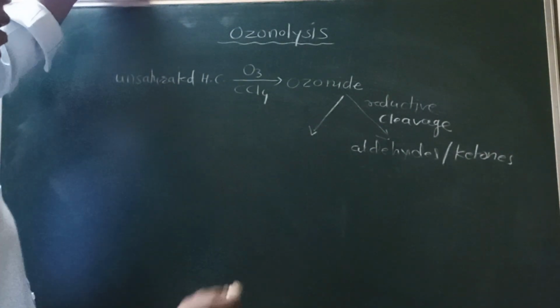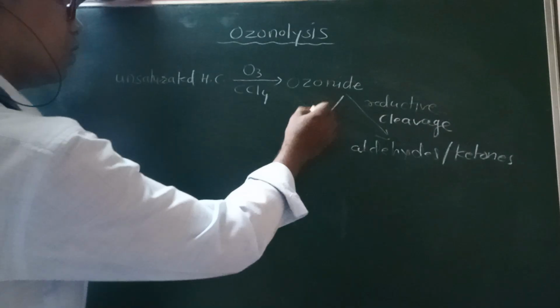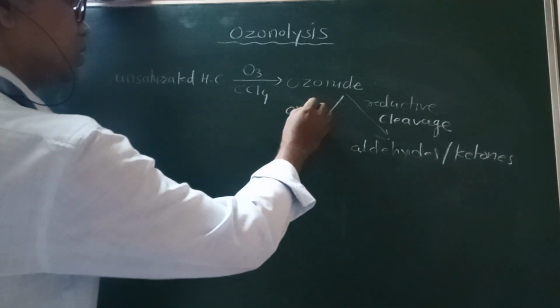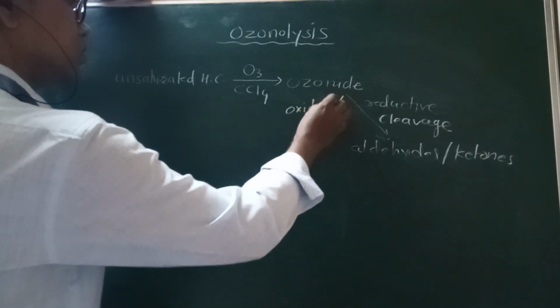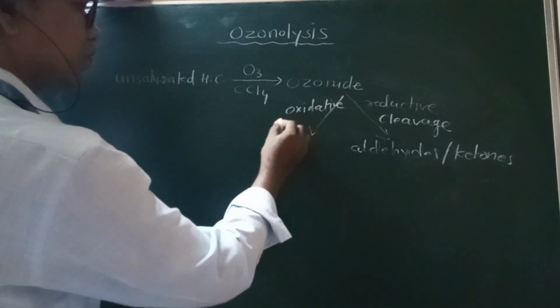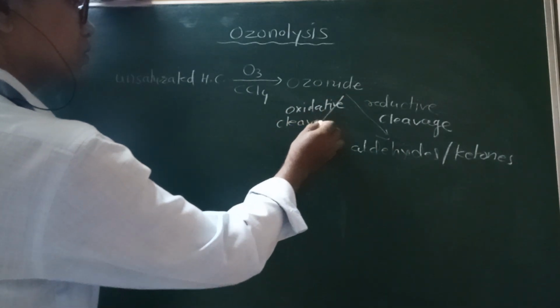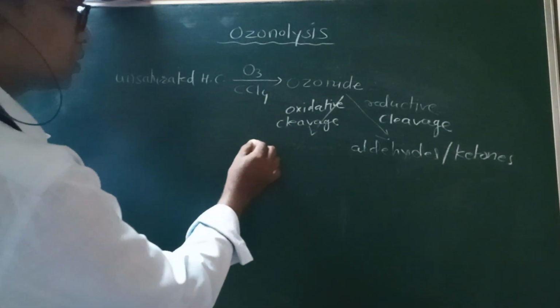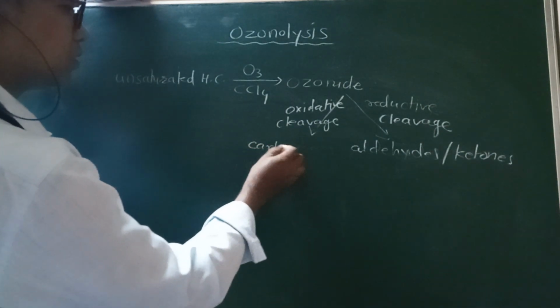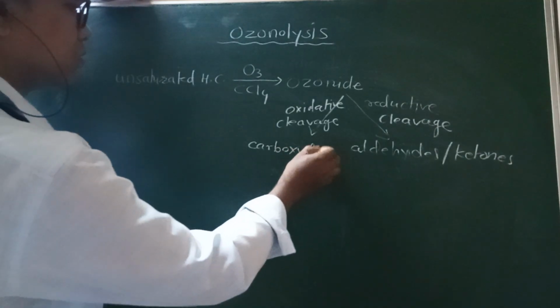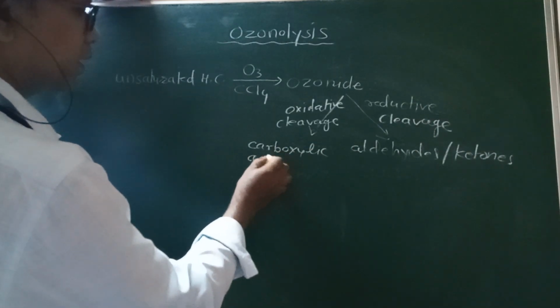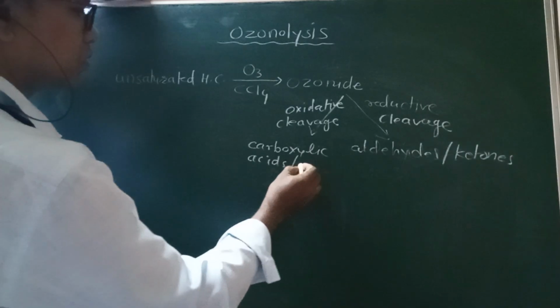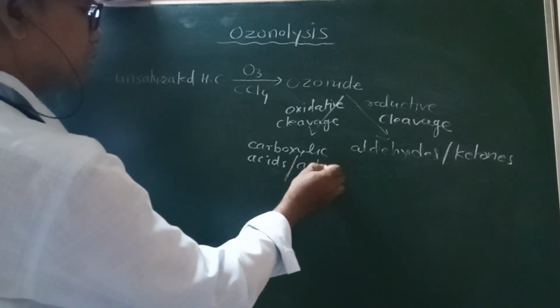The second is oxidative cleavage, which leads to carboxylic acids or anhydrides.